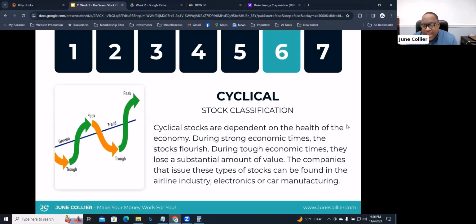During tough economic times, they lose a substantial amount of value. So tell me, what kind of companies do you think are cyclical? They do really well when the economy is good. Anybody type in some companies that you can think of that might be cyclical that do really well when the economy is doing great.